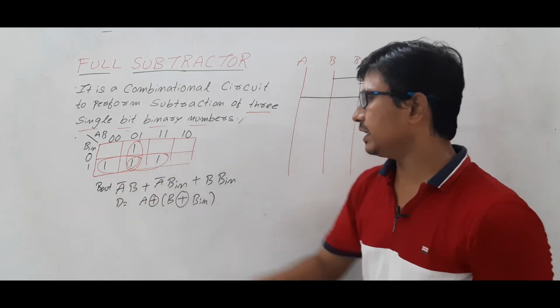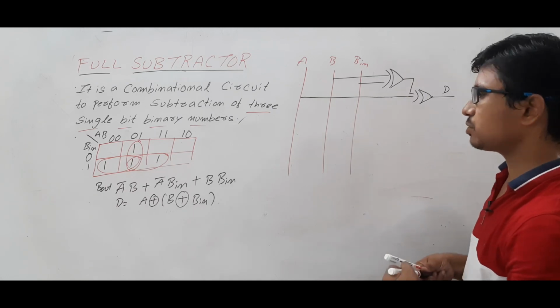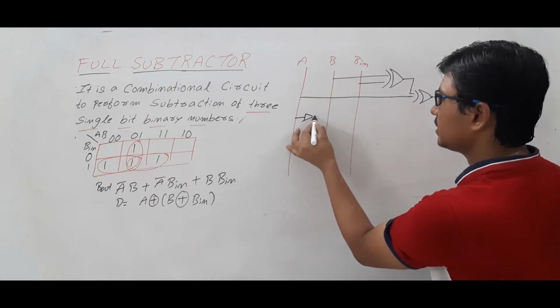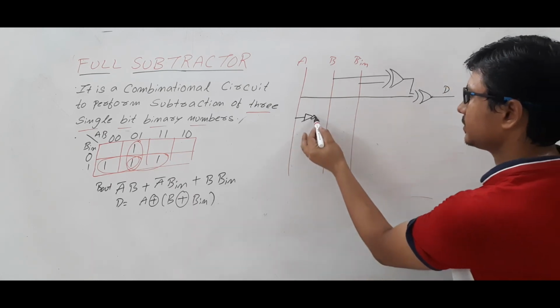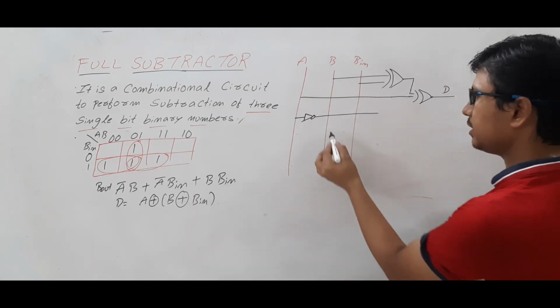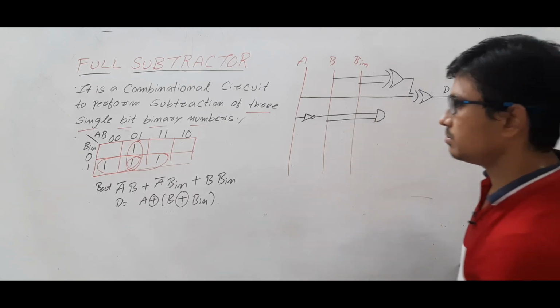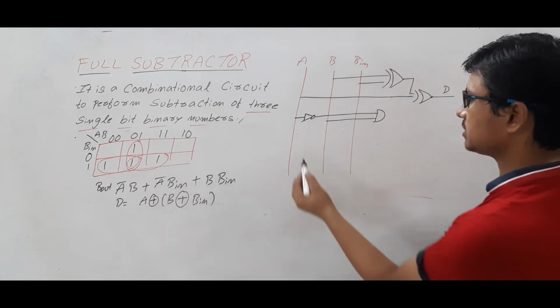Now we have the A complement and B. So what I will do is that for A, I will take a NOT gate. That will be one input, and B will be another input. I will perform the AND gate. Similarly, again A complement is there.